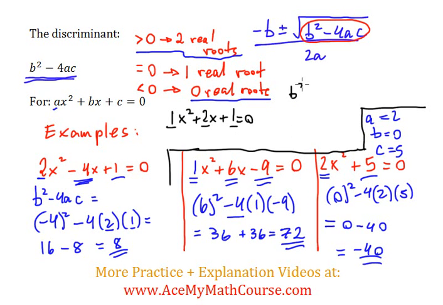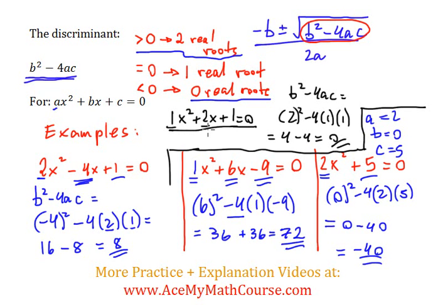So b squared minus 4ac, that's 2 squared, minus 4 times 1 times 1. 2 squared is 4. Minus 4 times 1 times 1 again, it's just minus 4. That's equal to 0. So this equation would have one real root, therefore one solution.